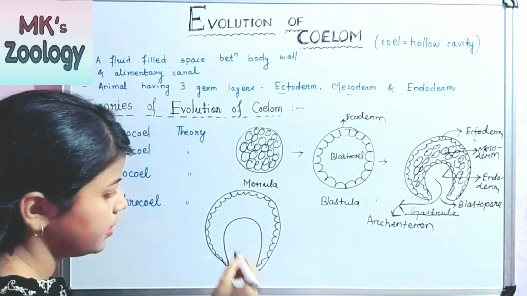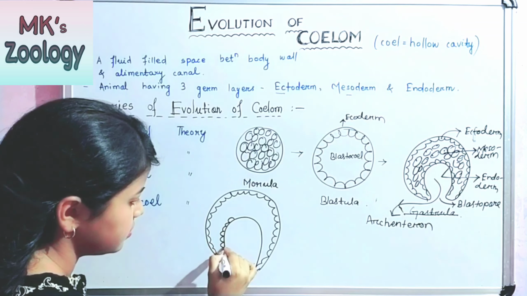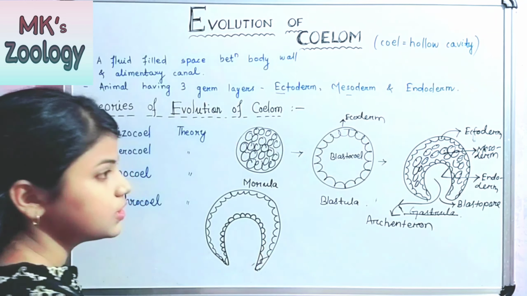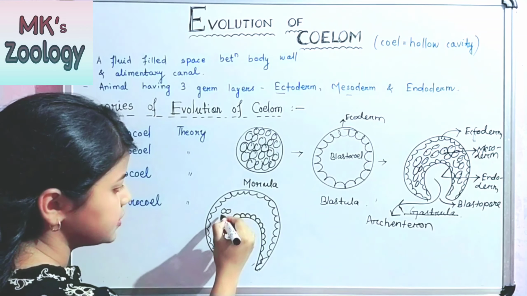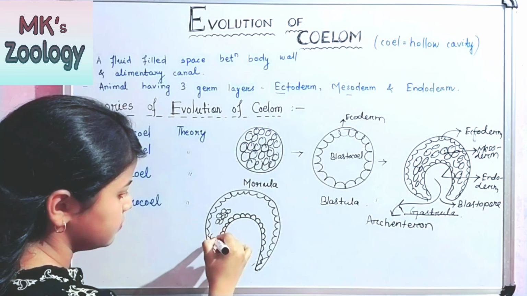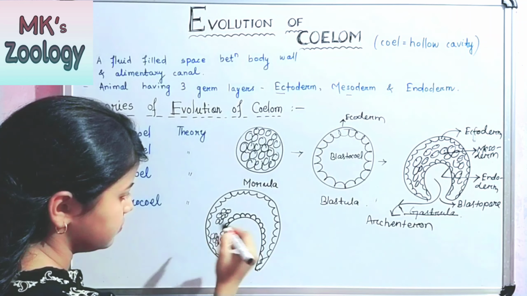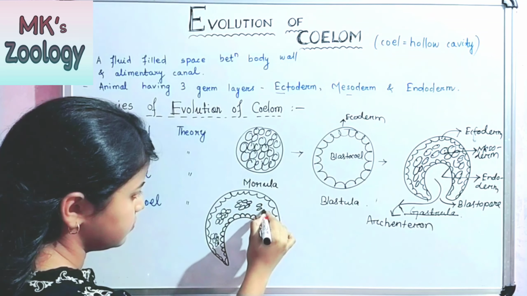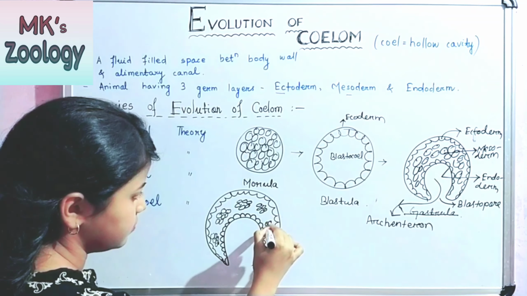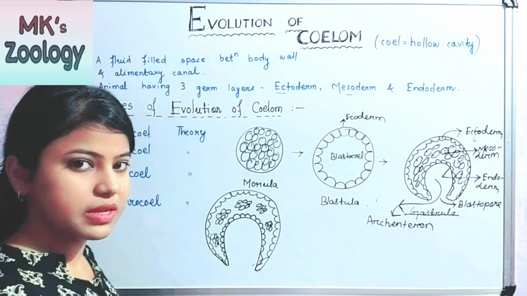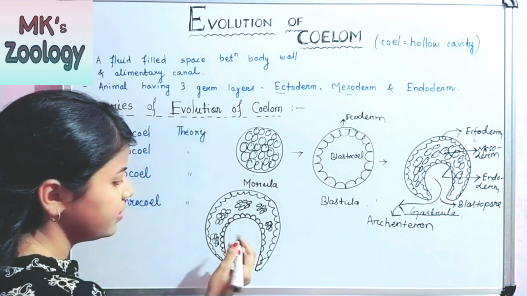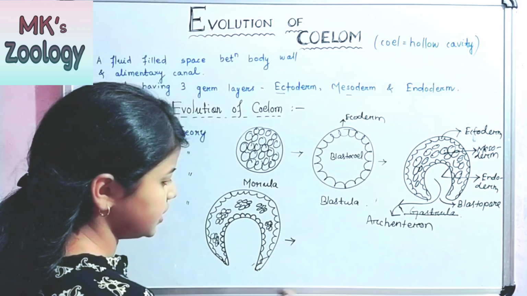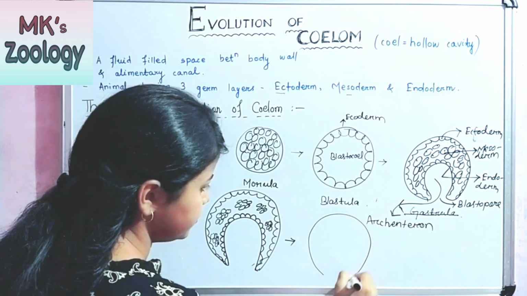This is ectoderm, and this is your endoderm. So the mesodermal cells are split, and the cavity is formed. The next stage, the cavity is formed.